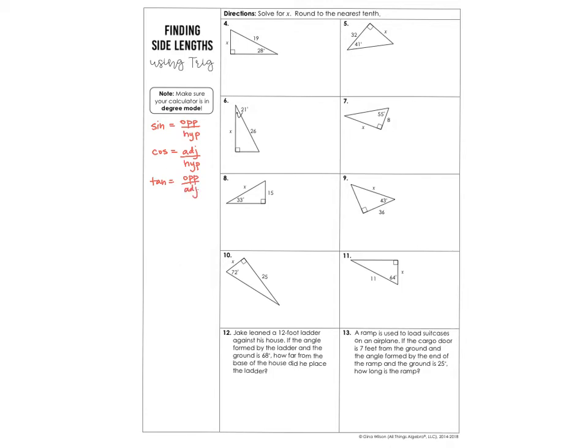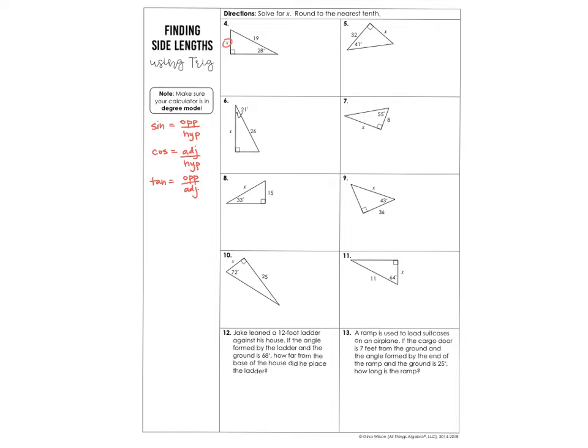Okay, so these problems are going to be giving us an angle, and we're going to use the trig functions, the trig ratios, to find the missing side length labeled by x. So here's how you set it up.